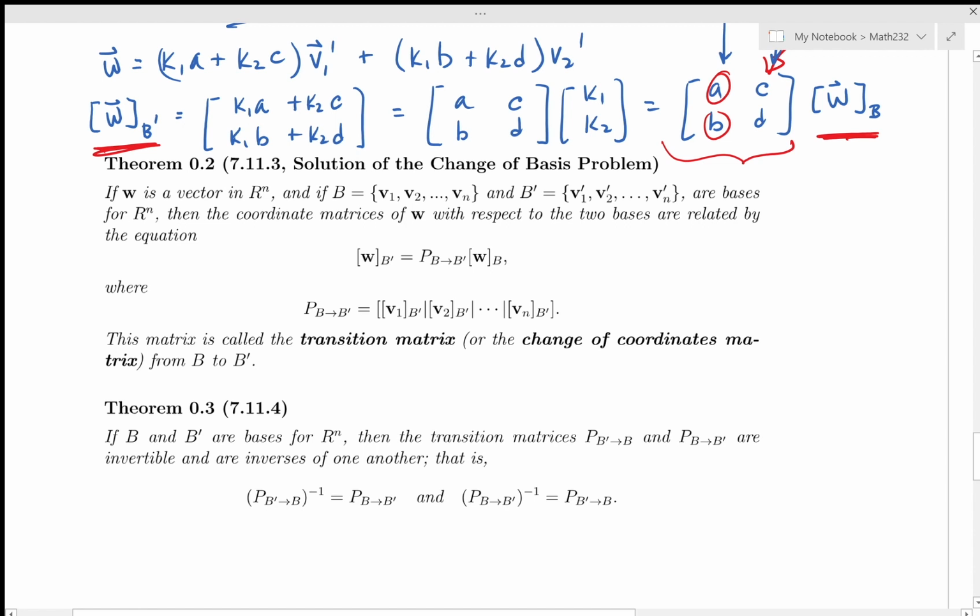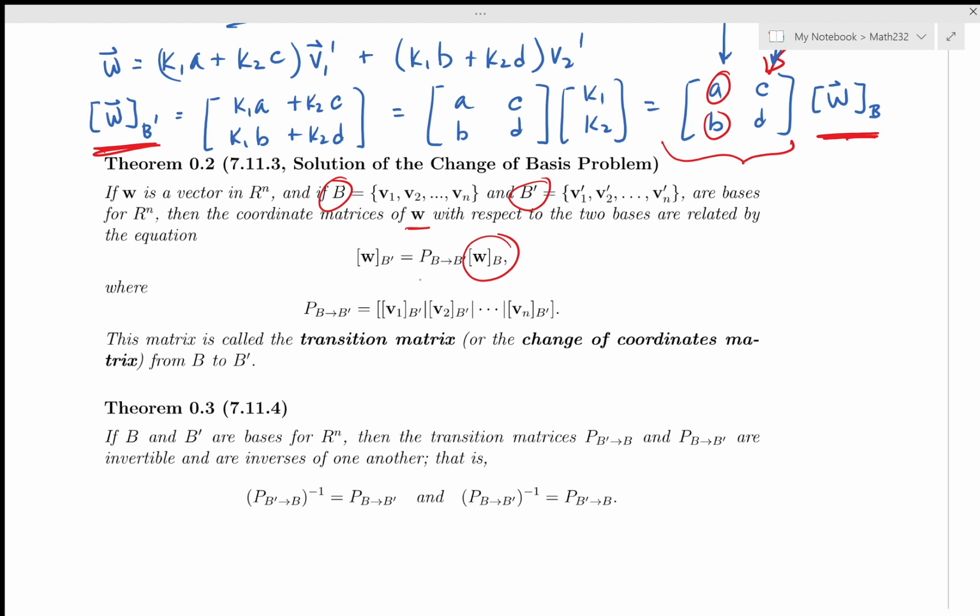If we have a vector and we've got two different bases, and we're going to call B the old basis and B prime the new basis, and we want to change the coordinates. So we have a vector W already related to basis B, and we want it related to basis B prime.